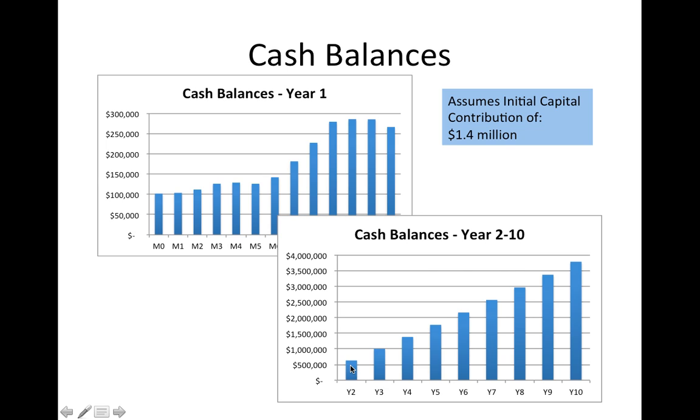And by the end of year 2, we would expect that to grow to over $500,000, and we would have somewhere north of $3.5 million in the cash account at the end of year 10 if we just keep all the money in the account. Now, obviously, it doesn't make sense to keep it all in the account, but that's a discretionary decision, how much of it we want to distribute or not.